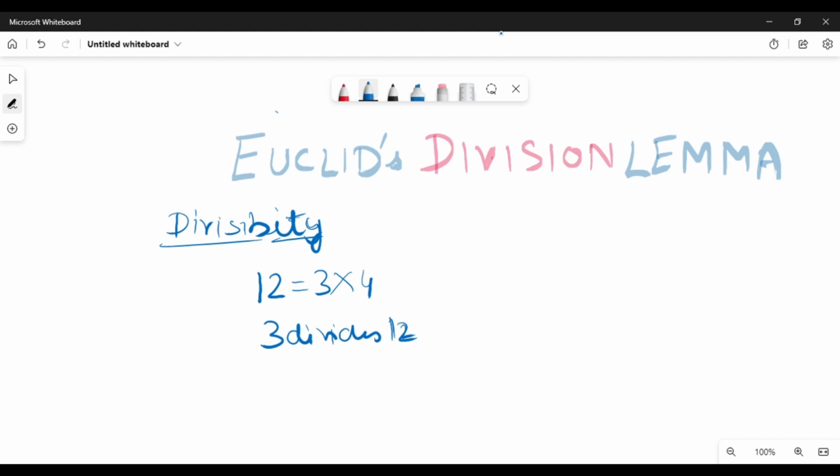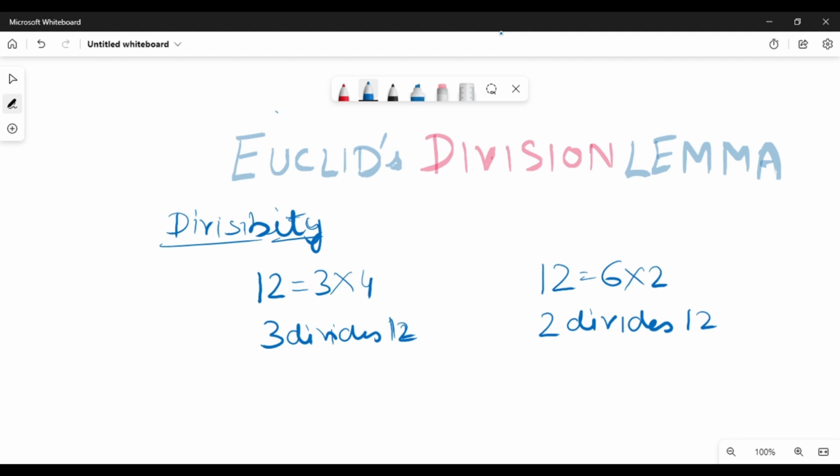Another way to write 12 is 12 equals 6 into 2. Again, 12 is written in terms of its factors 6 and 2. So from here again I can conclude that 2 divides 12.